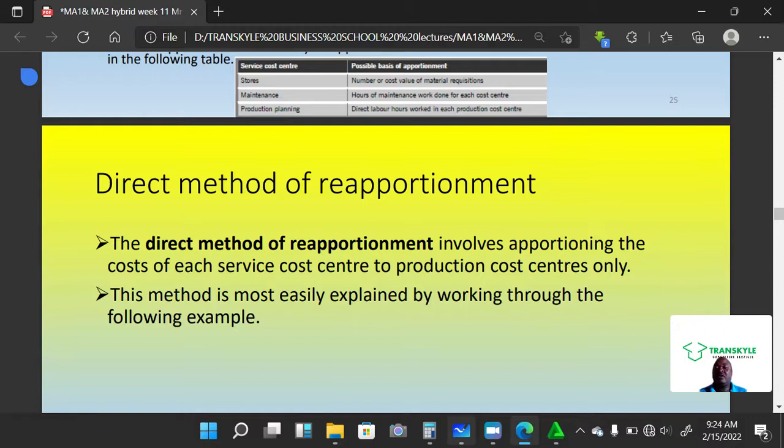So when you're talking of direct method of reapportionment, we are saying that the cost of the service cost centers are only being apportioned to production cost centers and not among themselves, not to the service cost centers as well. Okay, so to know this, let us just go through the example.